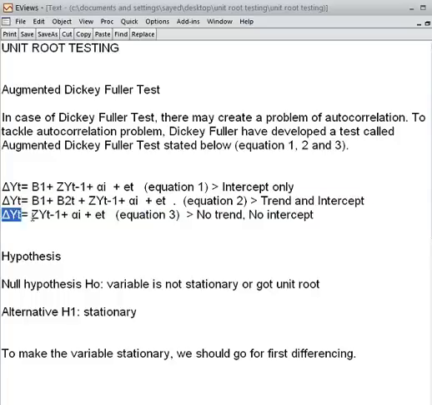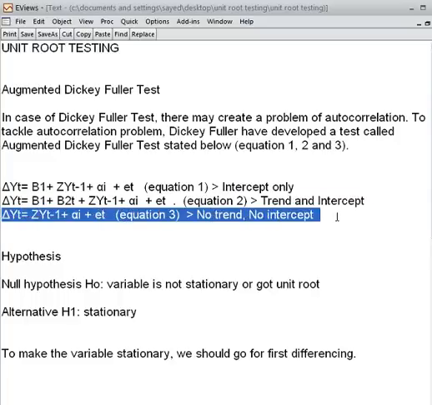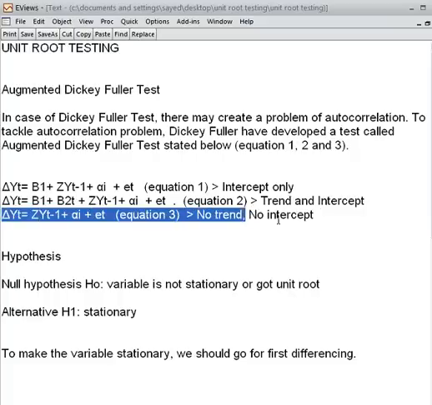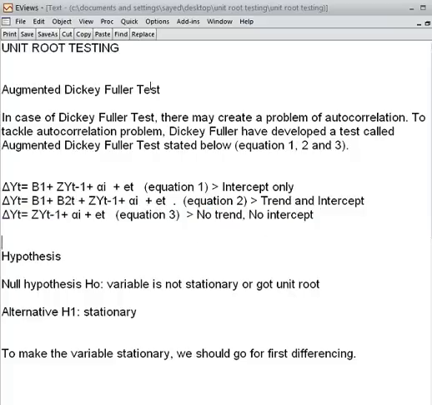And the third shape is equation number 3, meaning that it has no trend and no intercept. So the augmented Dickey-Fuller has three shapes. All the tests I shall be checking using EViews.